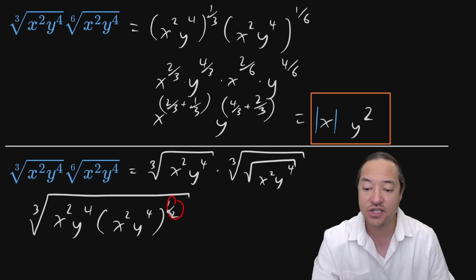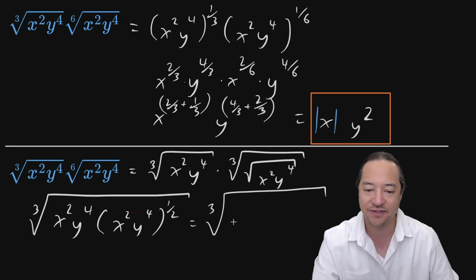Now if I distribute this 1/2 in, what do I get? Well, I'm going to get the cubed root of x squared y to the 4th power multiplied by, well, 2 times 1/2 is just going to be 1, right? So this is just x to the 1st power, and y to the 4th times 1/2 here. So 4 times 1/2 is just going to be y squared.